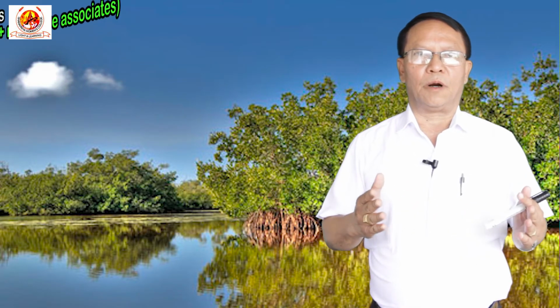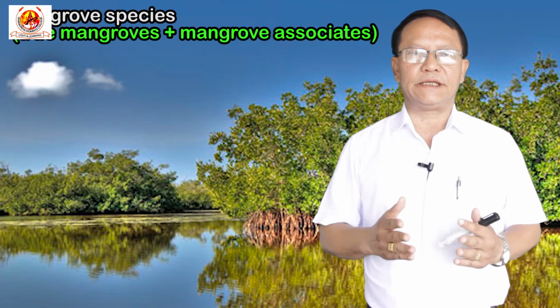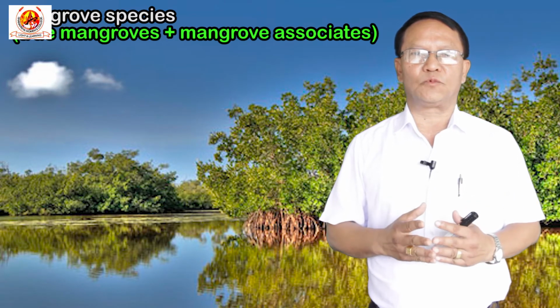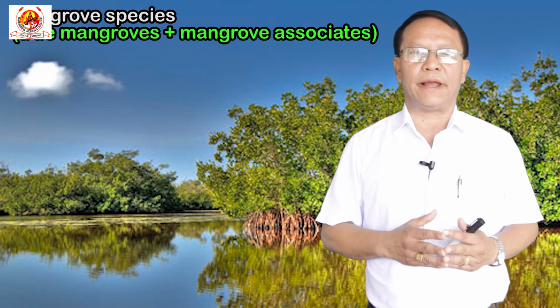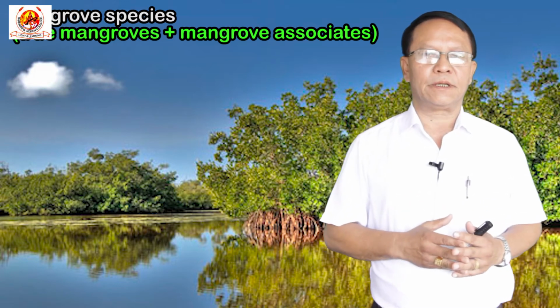Mangrove species means, I have already mentioned, the true mangroves and mangrove associates. So, mangrove species is composed of 2 groups of plants, that is true mangroves and associates.